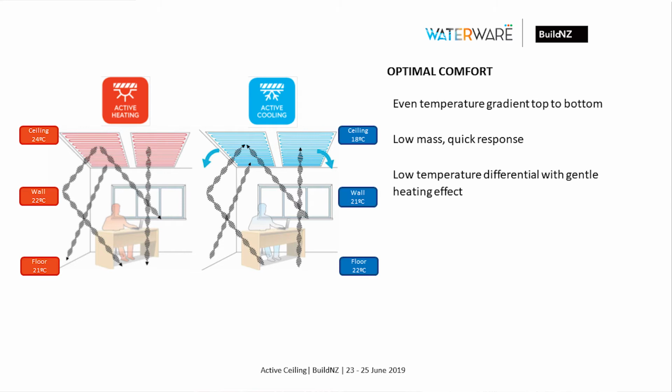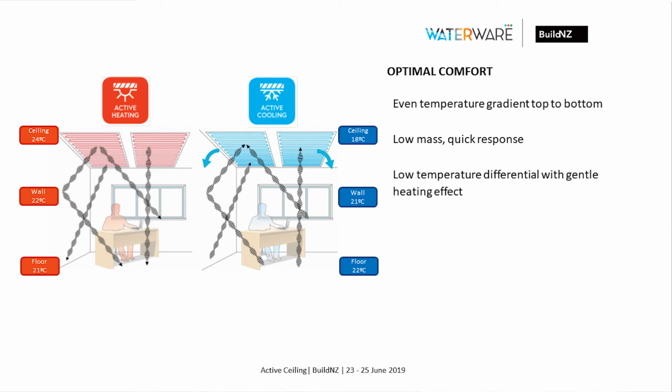Okay, so the whole point of these systems is to create optimal comfort. And how that's achieved with a radiant system is again by compressing the temperature difference around the operating system. So if our target temperature is 21 and we're in cooling mode, then we're able to achieve that with a ceiling temperature of maybe 17, 18 degrees.